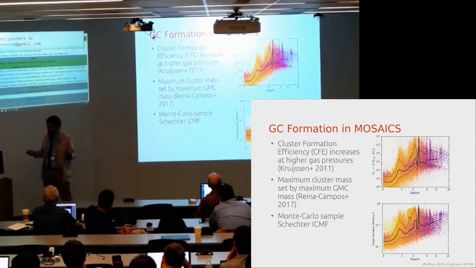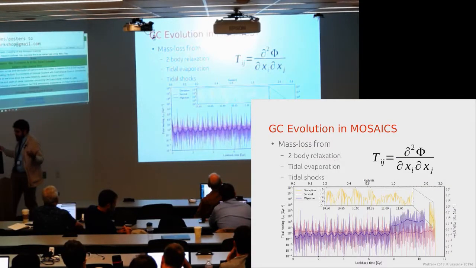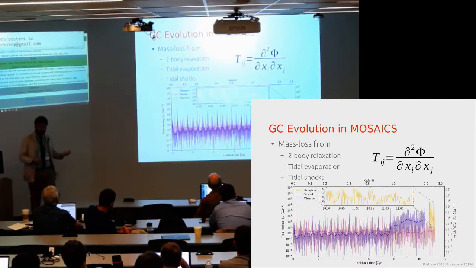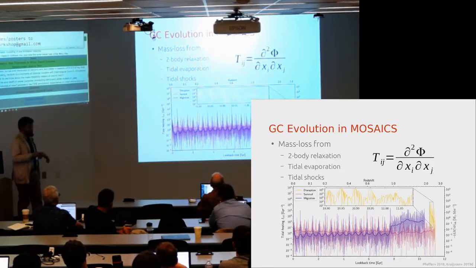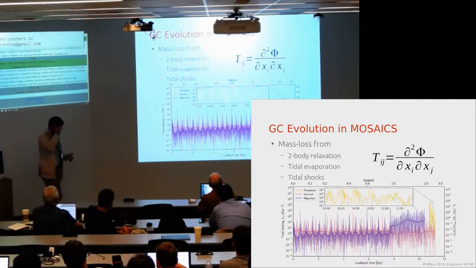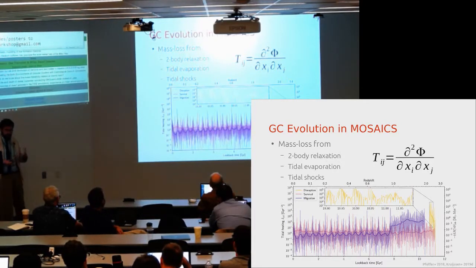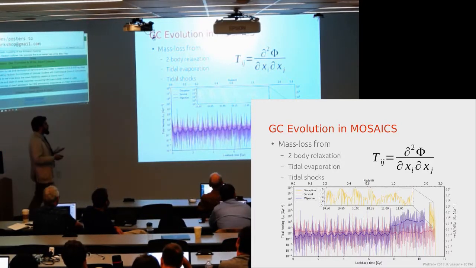Now, if we just populated them, we would get a completely incorrect result, because we know that clusters experience tidal evolution from both internal processes like two-body relaxation, or technically three-body relaxation, tidal evaporation, which is the slow tidal evolution they experience with the halo, and tidal shocks, where close encounters between the disk environment and the cluster can impart a lot of energy.